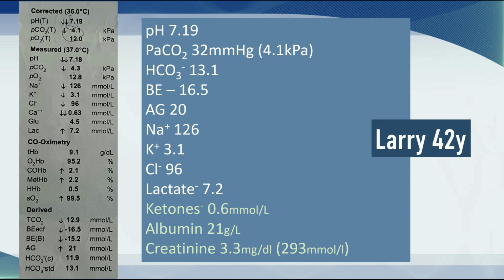Sodium 126, potassium 3.1, chloride 96, lactate 7.2. And there were 3 pieces of information that I subsequently obtained that weren't on the blood gas. Ketones 0.6 millimoles per liter, albumin 21 grams per liter, and creatinine 293 micromoles per liter, or 3.3 milligrams per deciliter. Don't worry if you didn't catch this, we'll come back to it later on.